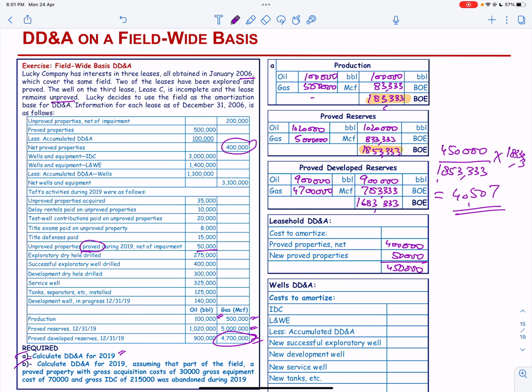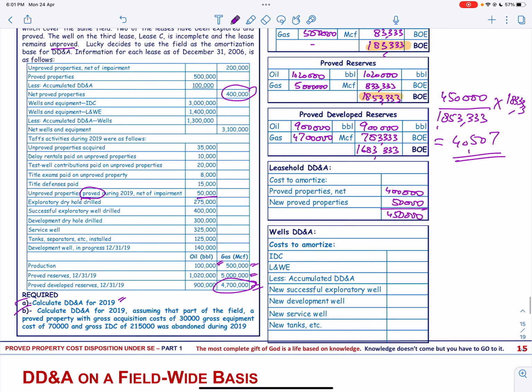And next, let us look for the wells DD&A, and for that we first determine the cost to be amortized. We have the intangible drilling cost of 3 million.